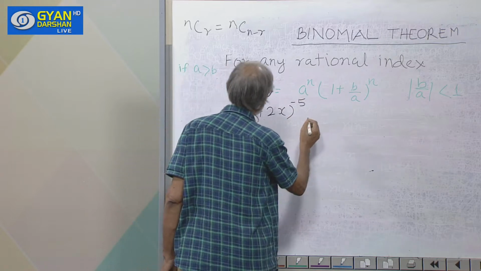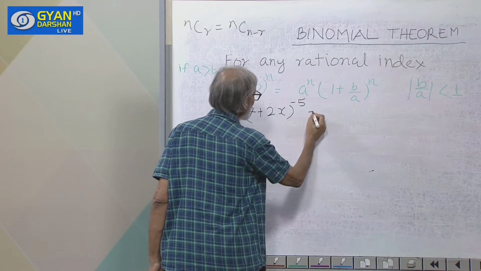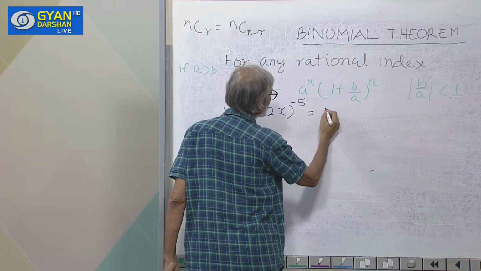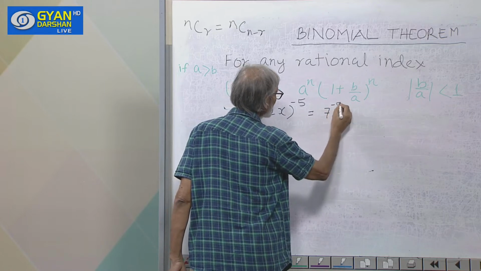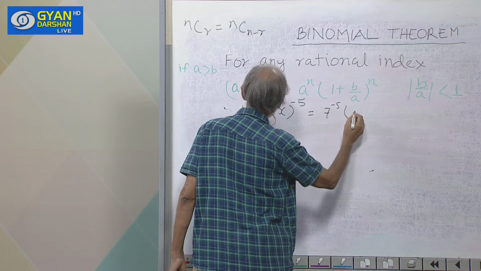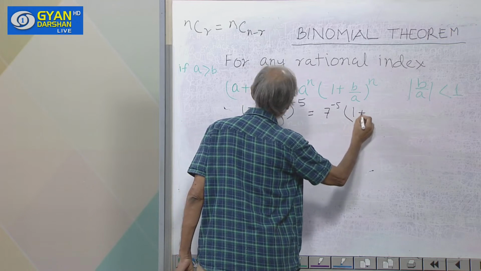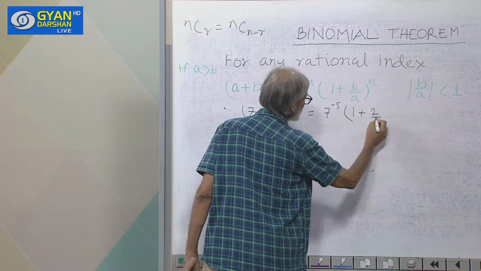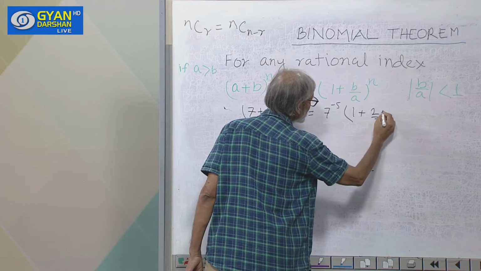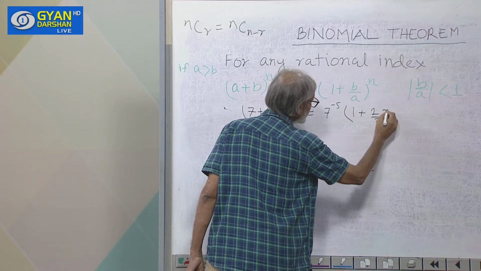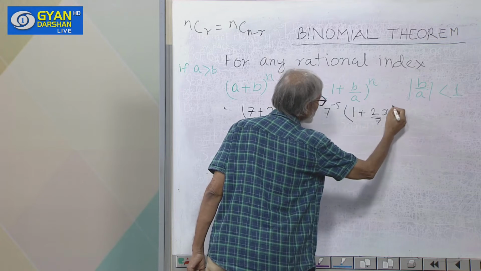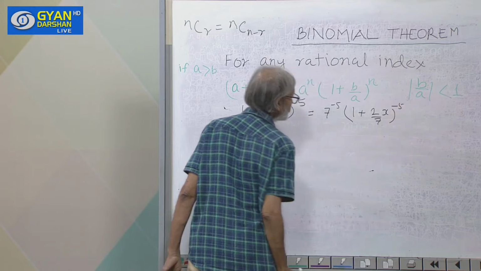So, this we can write as 7^(-5), which I have taken outside, and here it will become (1 + 2x/7)^(-5).